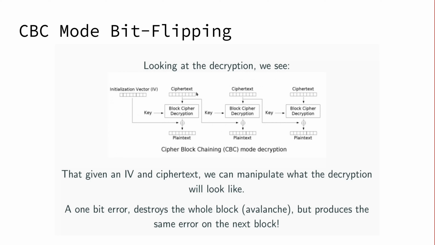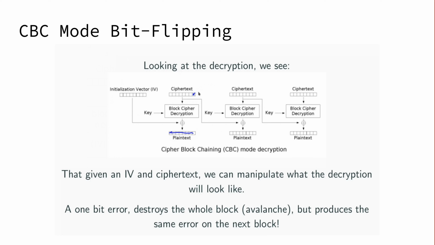Namely, if we, as an attacker, get our hands on a ciphertext and we flip a bit, for example here, in the last byte, because of the avalanche effect, this plaintext block here will be completely destroyed. There will just be gibberish in it.